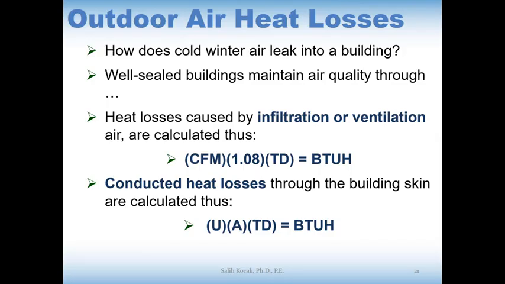We are gonna use this conducted heat losses equation here. So U value is 0.15, area is 12,000 square feet, and the temperature difference is 70, which is the indoor, minus 10, which is the outdoor, which is 60. So when you multiply everything, you will end up getting 108,000 BTUH, British thermal units per hour.